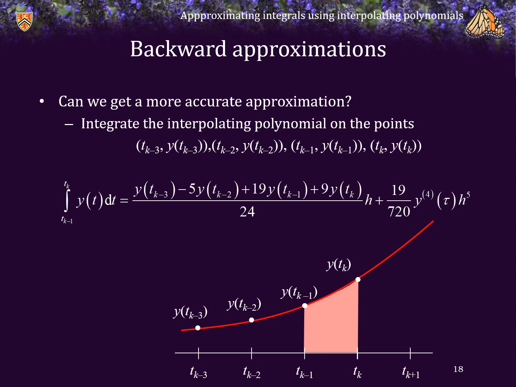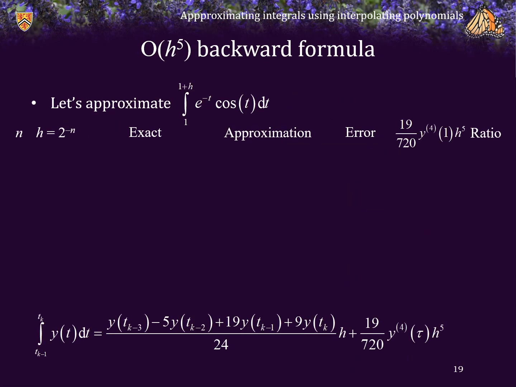And this is an order h to the 5th approximation. So once again, let us approximate this integral for successively smaller values of h. So we're only integrating over one interval using this formula. Of course, we'll be evaluating the function to the left of this interval, which is assumed to be previous data.